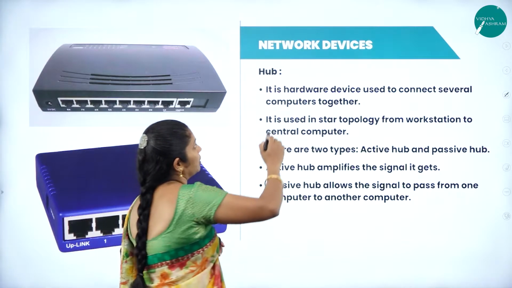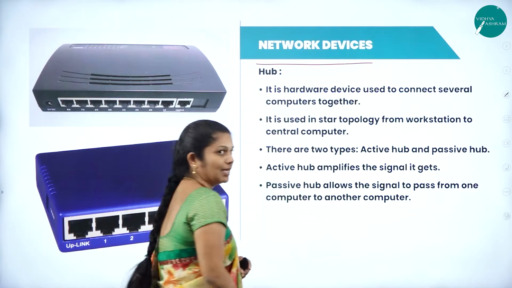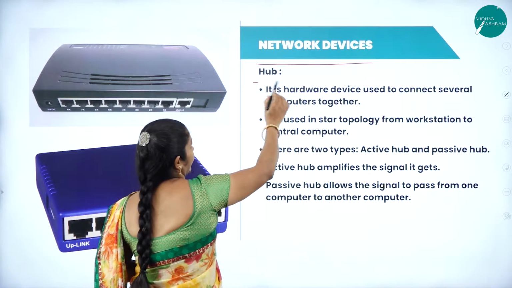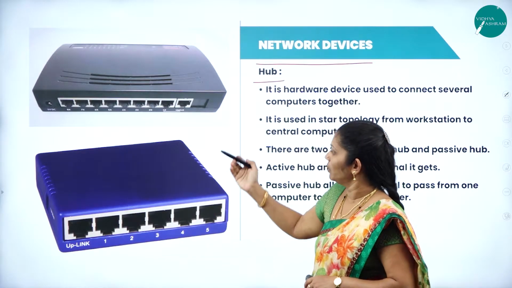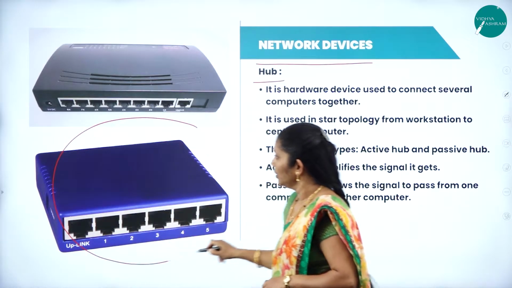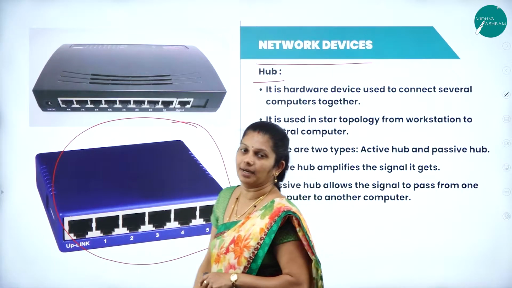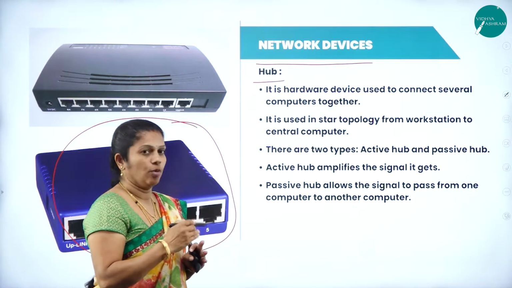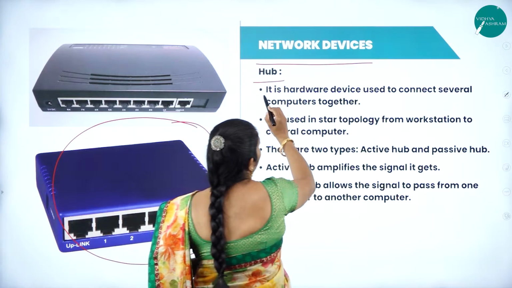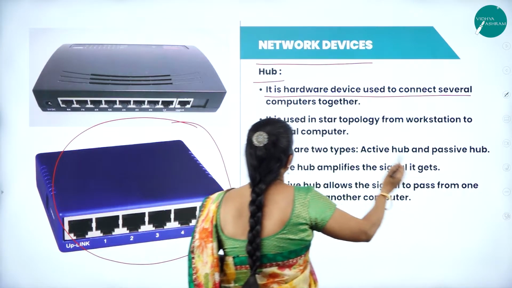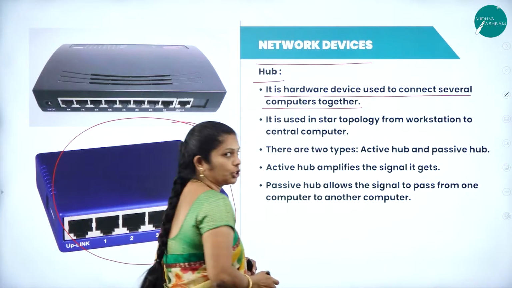First, we will discuss network devices. Under that, first we will study the hub. If you observe this picture here, this is called a hub. Then, what is the use of this hub? It helps to connect several computers together. It is a hardware device used to connect several computers together.